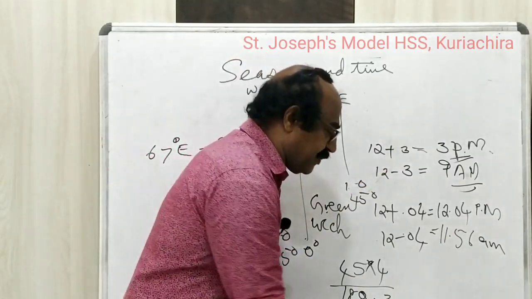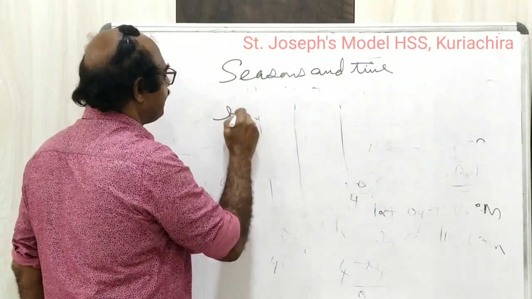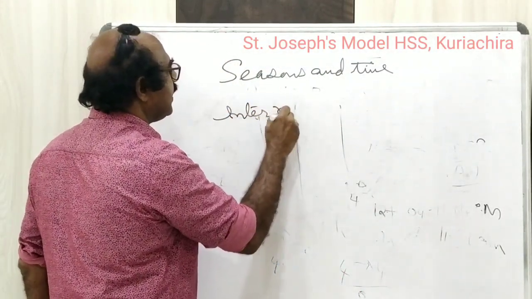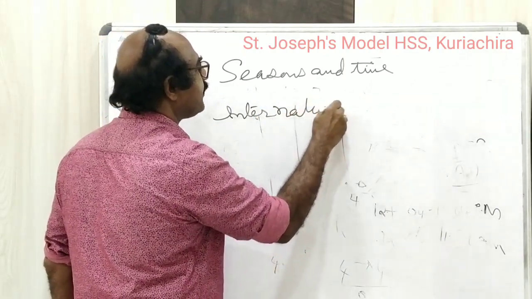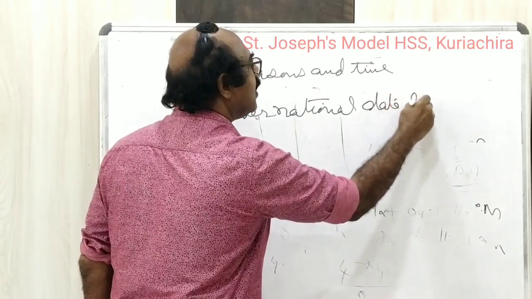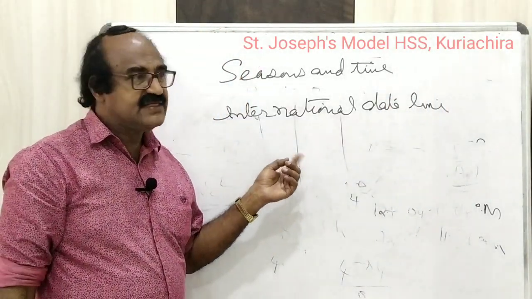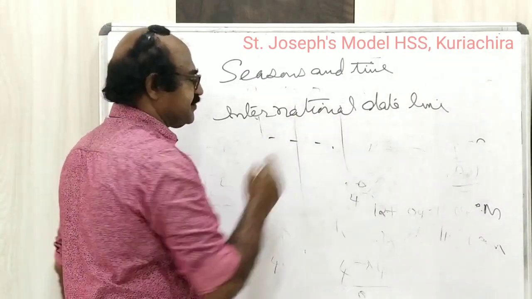I shall say about this line: the international date line. Then what is the international date line? It is arranged in broken lines.